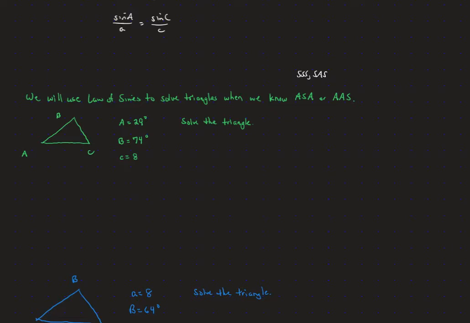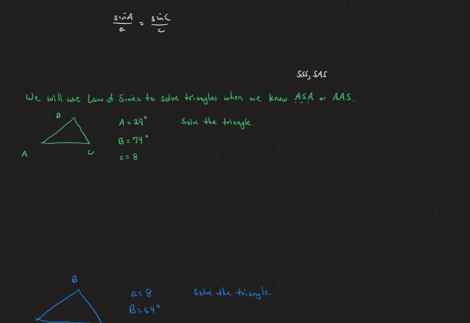So when we know these pieces of a triangle, then the triangle is determined. There's only one choice for the other angles and sides. And so we can then solve for those.